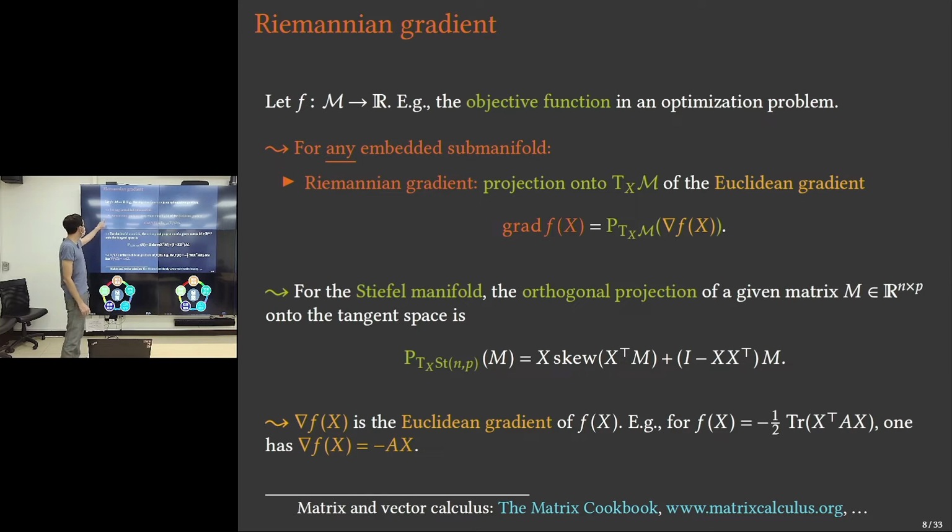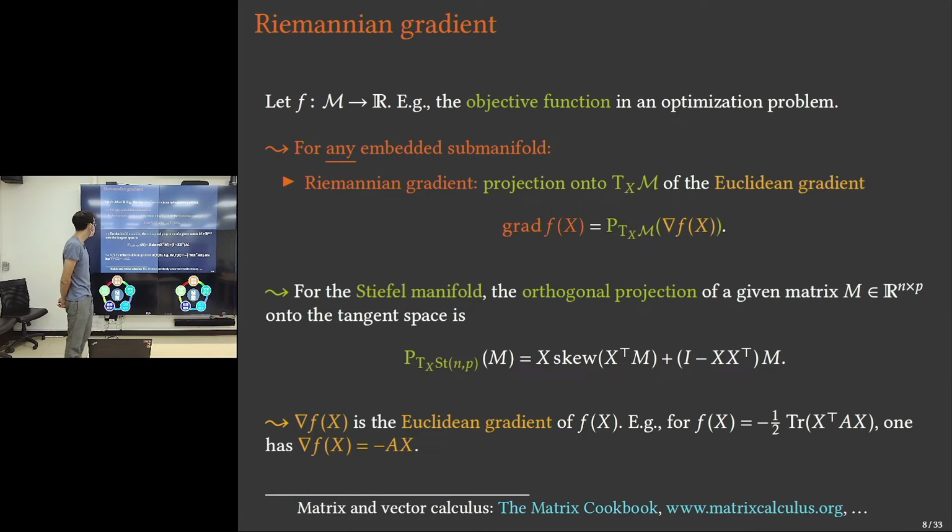Okay, let f be the objective function on a manifold in an optimization problem, as defined in the second slide. For any embedded submanifold, like the Stiefel manifold, the Riemannian gradient is just given by the projection of the Euclidean gradient onto the tangent space at x.